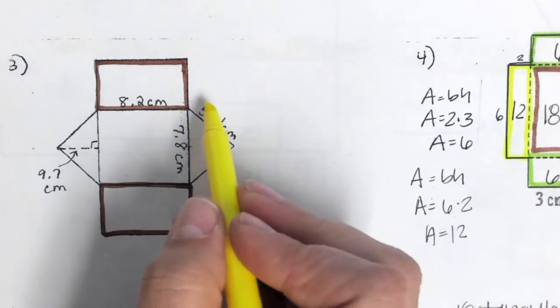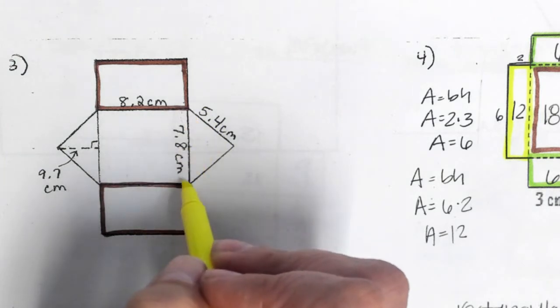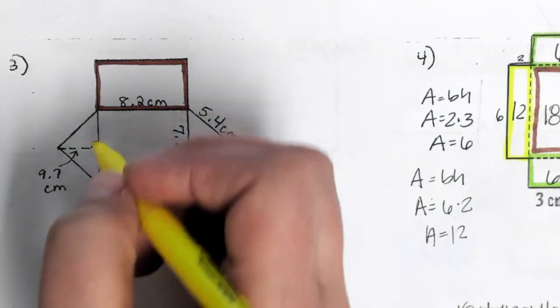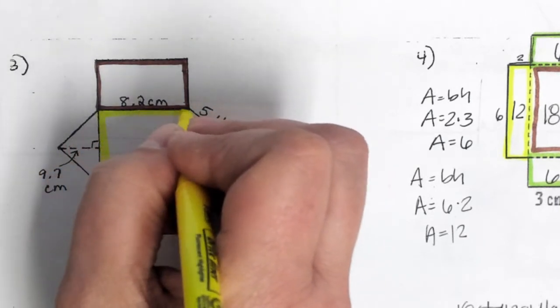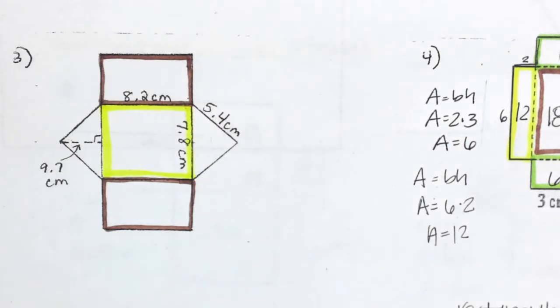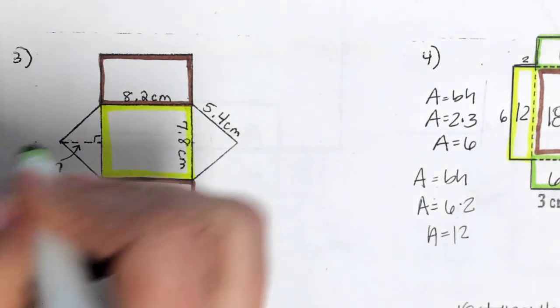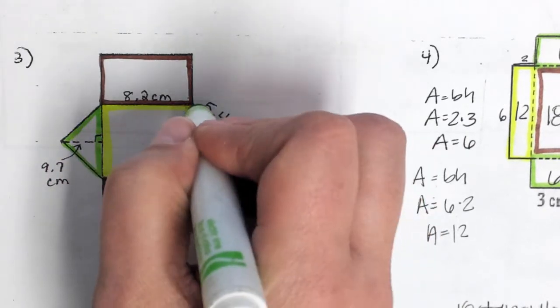If you look, this side of my triangle is 5.4. The base is 7.8. So the sides of my triangle are not equal. It's not an equilateral triangle. So we have one of those rectangles, and then we have 2 triangles that are equal.